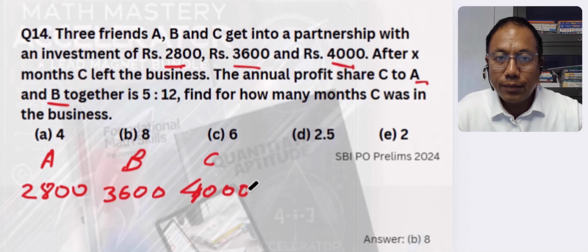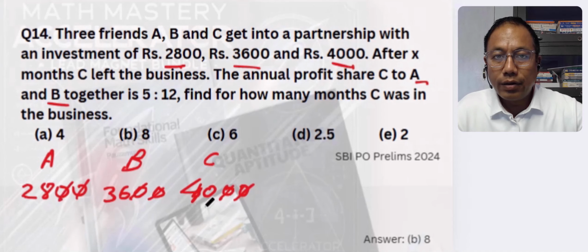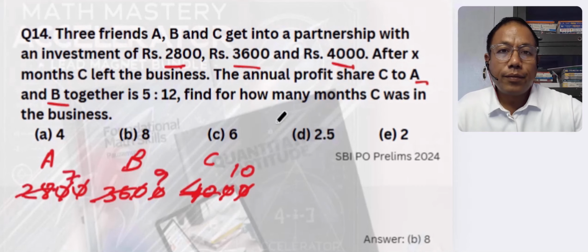What can we cancel? We can cancel 2 zeros. We can cancel it by 4. 4, 10 are 40. 4, 9 are 36. 4, 7 are 28. After X months, she left the business.